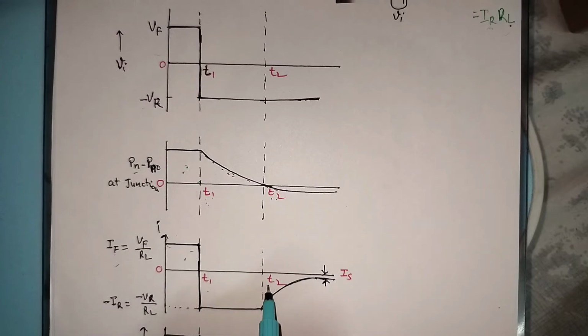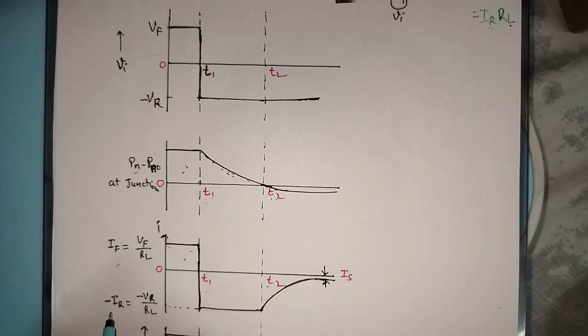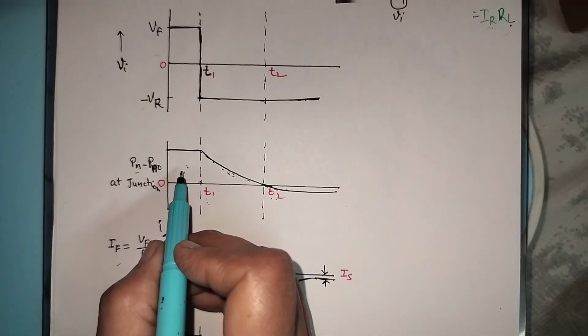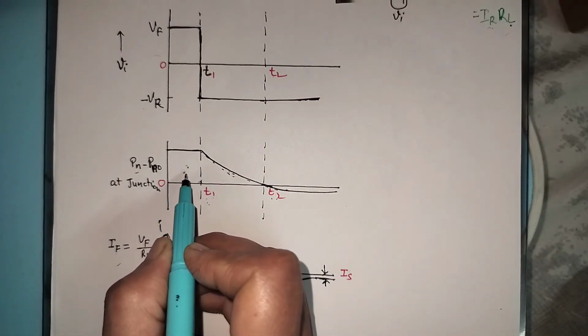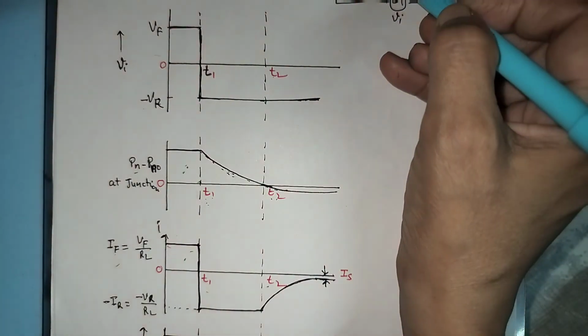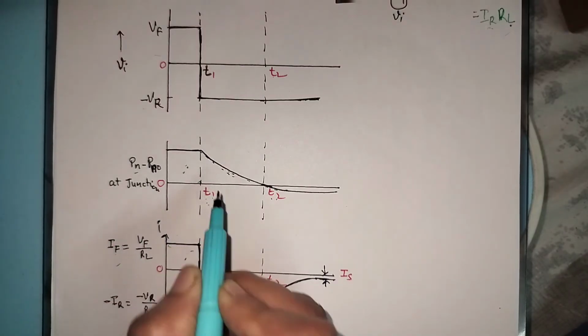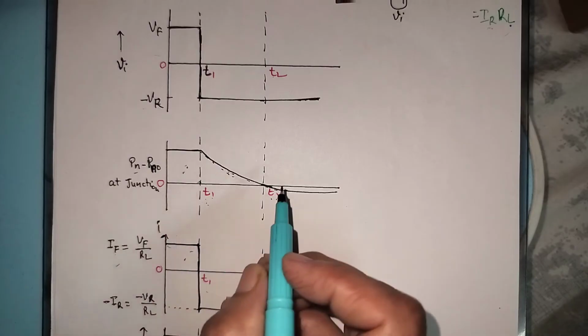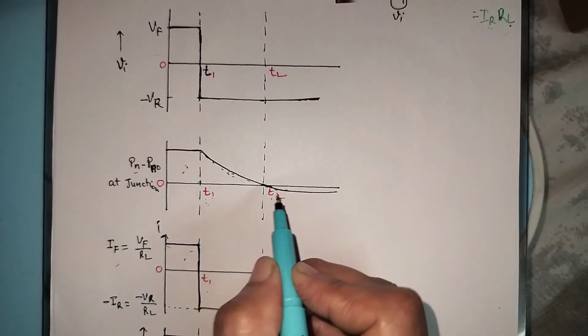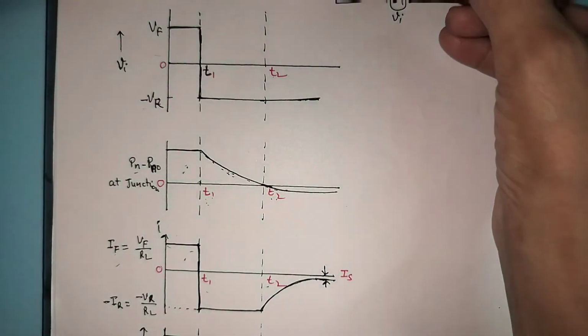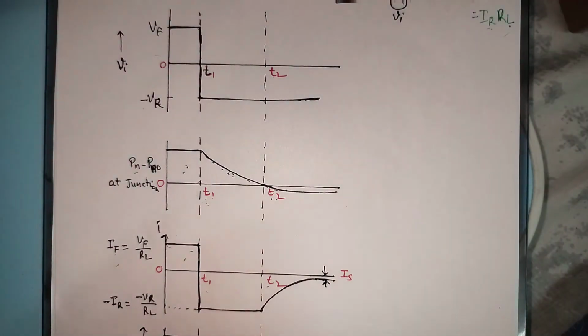From time t1 to t2 the current will be equal to minus IR. This is because the minority charge carriers are also present near the junction. So to bring the current to 0, or to the reverse saturation current, these charges must be removed. So it will take the time from t1 to t2 to be completely removed near the junction.